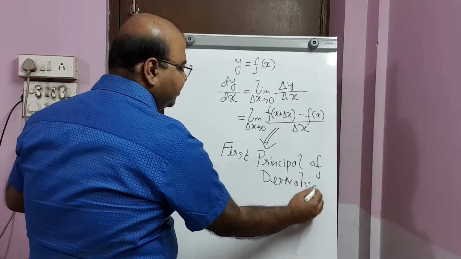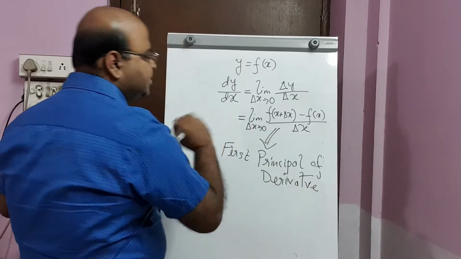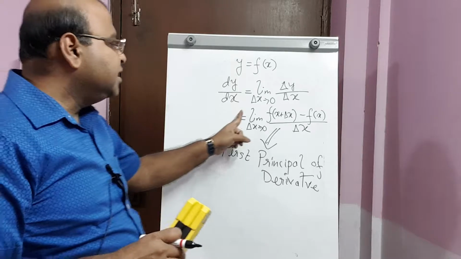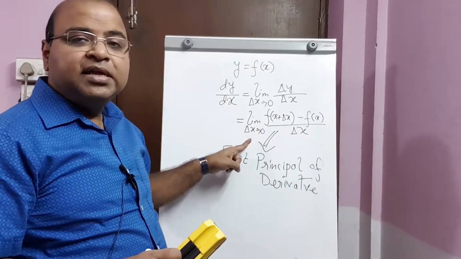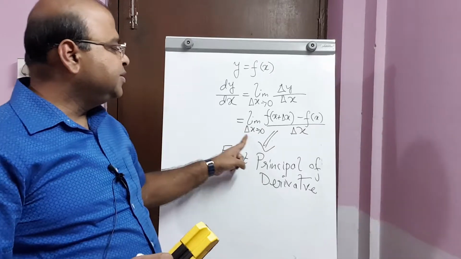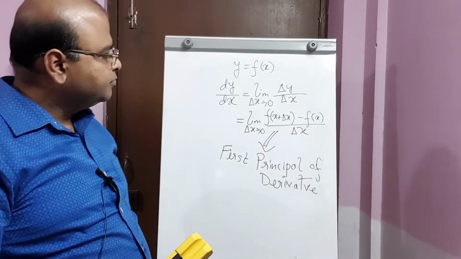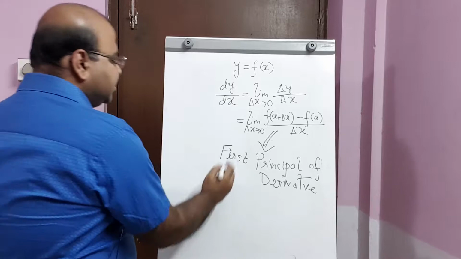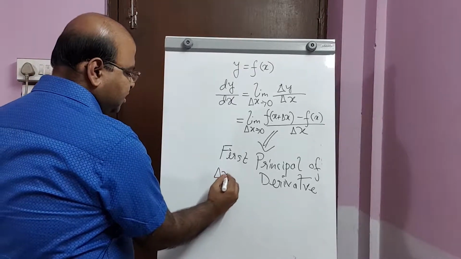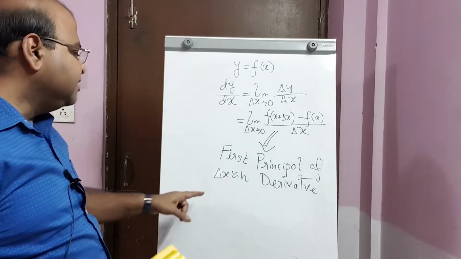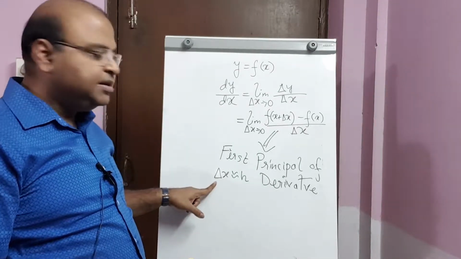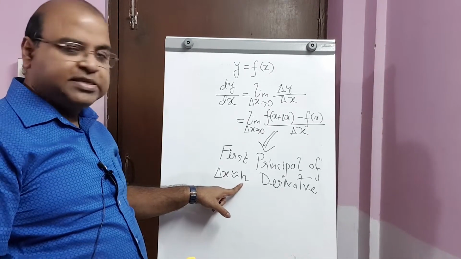So basically derivative of a function is nothing but to evaluate a limit itself. So we can express derivative in terms of a limit. This is the first principle of derivative. And many authors consider delta x to be h. In many Indian books especially you will find that they represent the increment or the change of the independent variable by the symbol h.